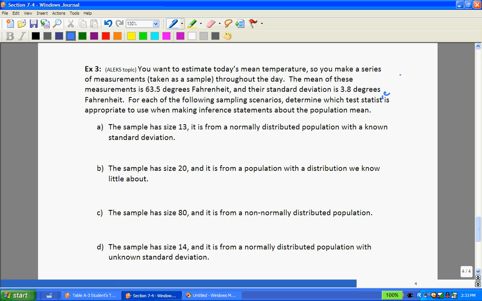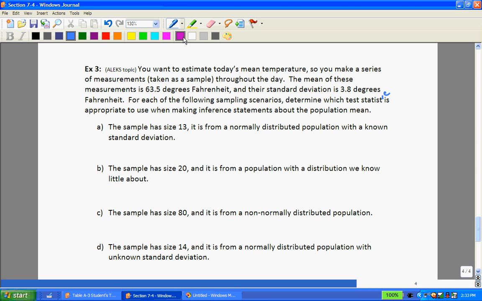A, the sample has size 13. It is from a normally distributed population with a known standard deviation. Well, think about the flow chart we just talked about. The first question I want to ask myself is the standard deviation known? And here they're telling us that it is known. So I really don't even have to consider the other information.